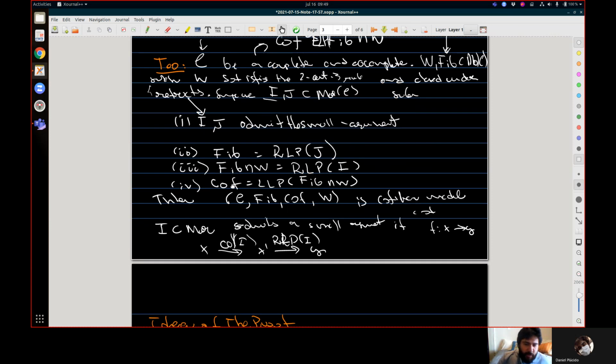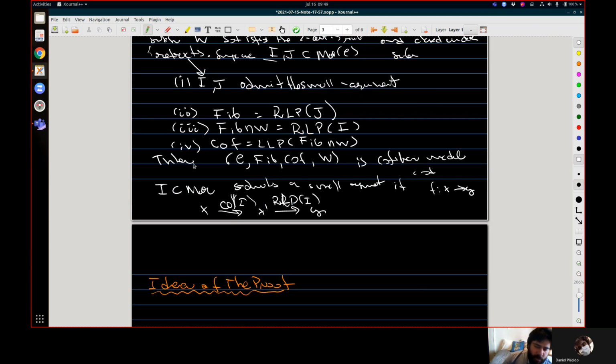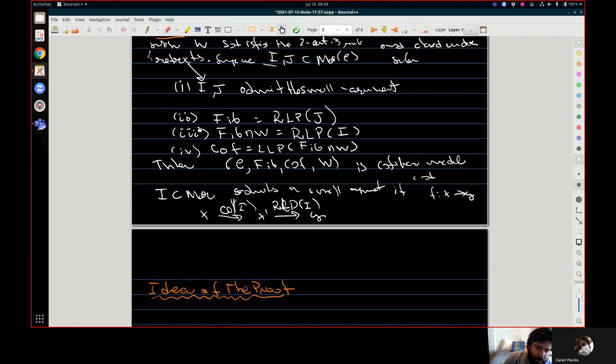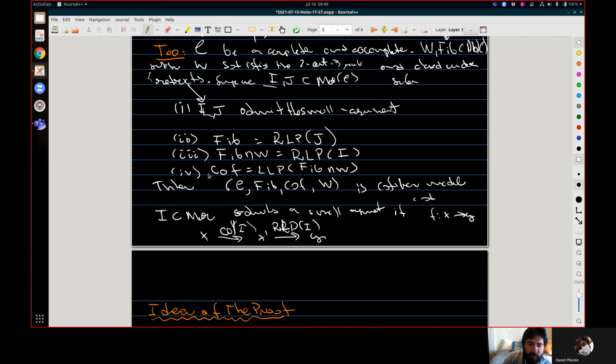Not only that, this is fundamental in the proof, because the proof works by factoring things as such and using the retract argument.